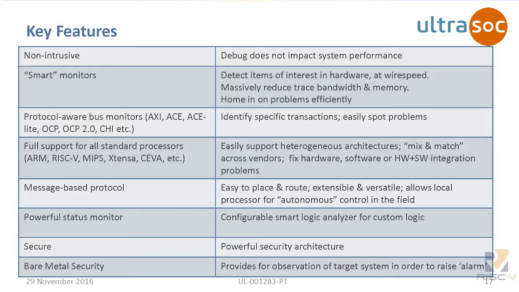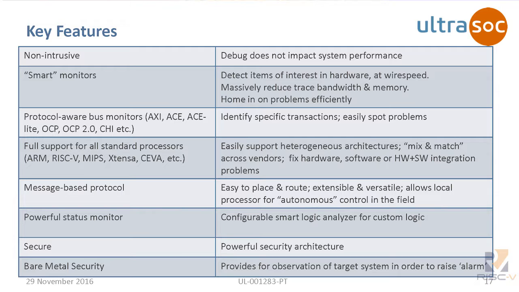So the key features that we have is that this is non-intrusive unless you design it to be intrusive. The monitors are smart, they have lots of local intelligence, and they do lots of metric generation. So you're not blindly sniffing and sending off transactions off the bus and therefore hitting your bandwidth off chip. The bus monitors themselves are protocol aware, so we have bus monitors for most of the bus protocols out there.